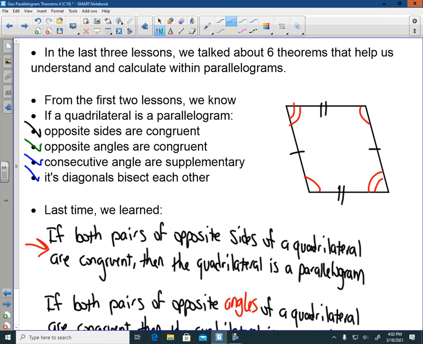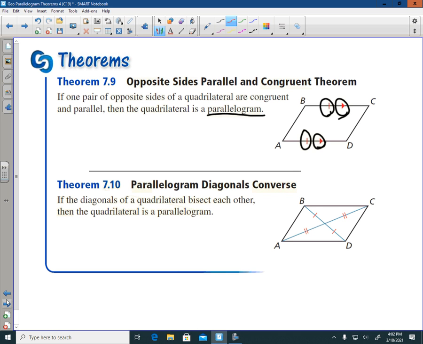If you know about the angles and both pairs of opposite angles of a quadrilateral are congruent, then definitely that's a parallelogram. Also, if you just know about one pair of opposite sides and that pair is both congruent and parallel, then you definitely have a parallelogram.